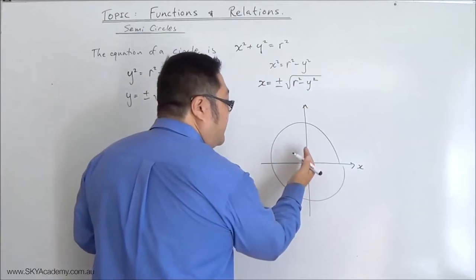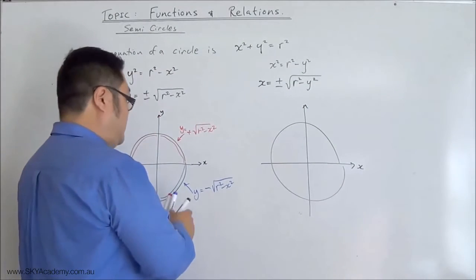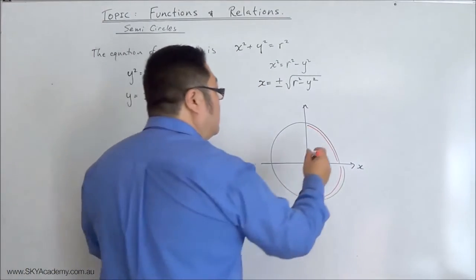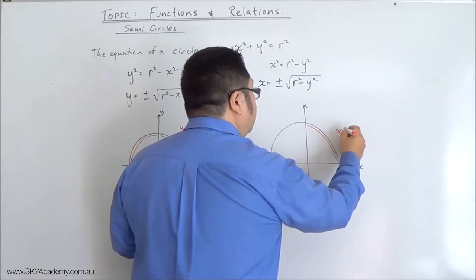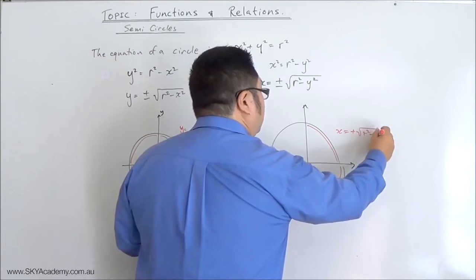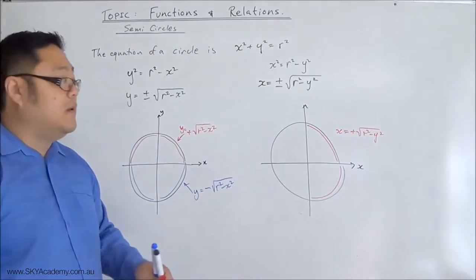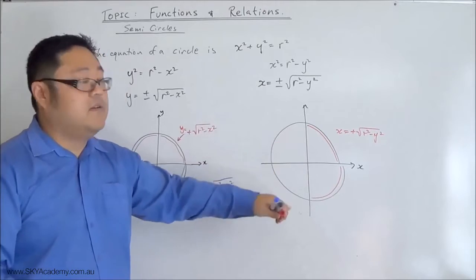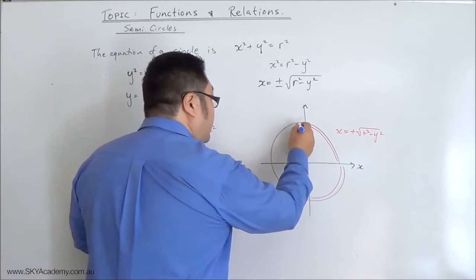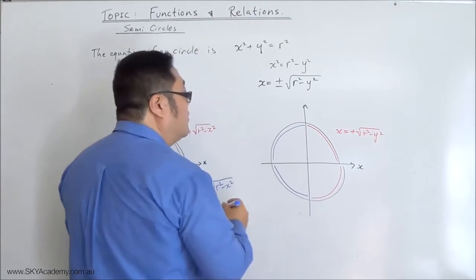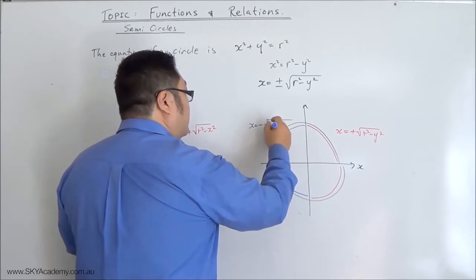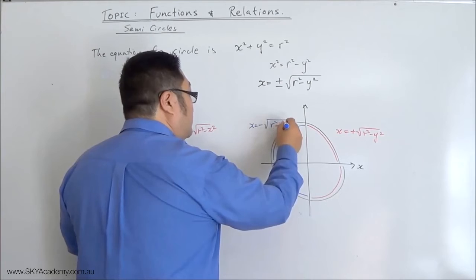Where is x positive? Well, it's positive from here onwards, isn't it? So the red half, that bit there, would be where x is equal to positive square root of r squared minus y squared. Yes? And the blue half, well, I'm gonna color that in blue. This half here will be x is equal to negative square root of r squared minus y squared.